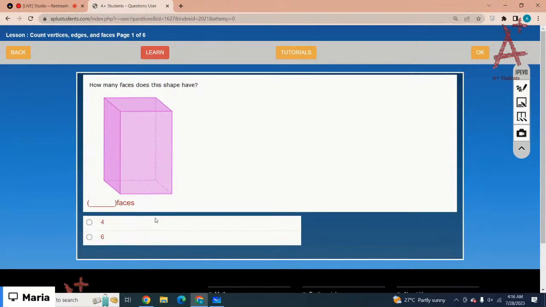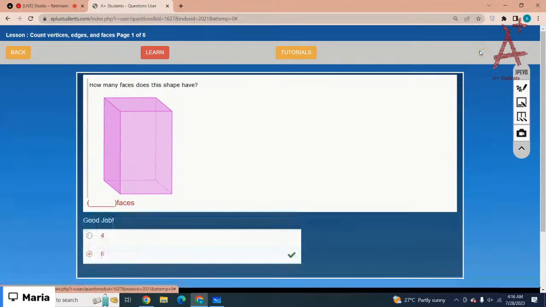Just six faces. You can count in pairs, like the up one and the down one. Then you have this one and the back, then this side, so the shape has six faces.